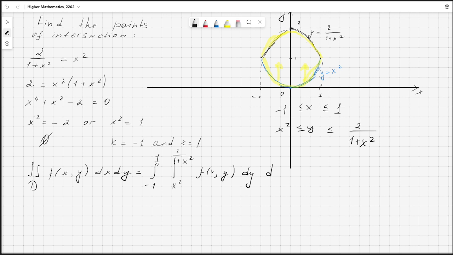Then dx. Do you understand it? Is it clear?